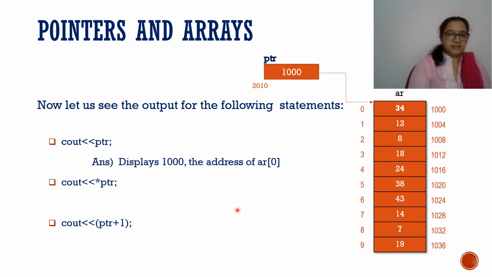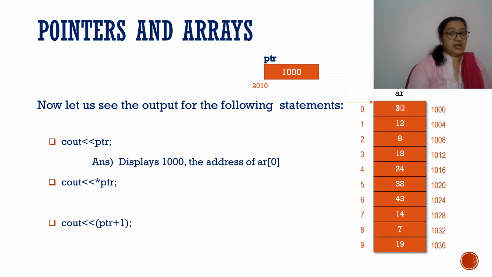Got it? Now see cout star PTR. What is that star? Star means value at operator. Is it? Value at operator. So value at PTR. So what is the content in PTR? That is 1000. That is pointing to which one? AR of 0. So what is the content inside that?